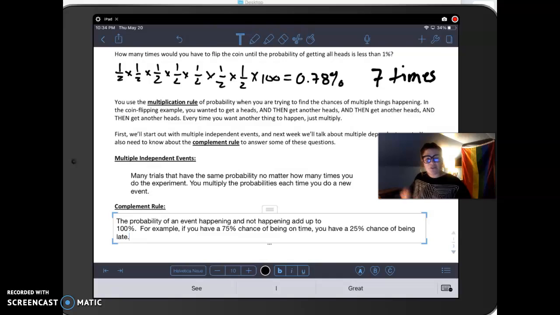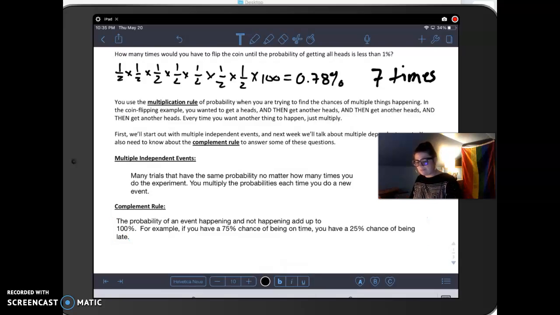So those two numbers add up to 100, and so you know that if it happens, that's one probability. The probability of it not happening is 100 minus the previous probability. So 100 minus 75 is 25. So let's put this into action and do an example.